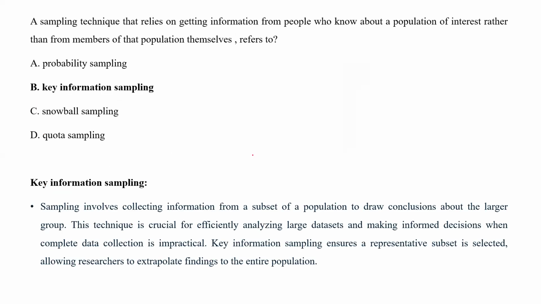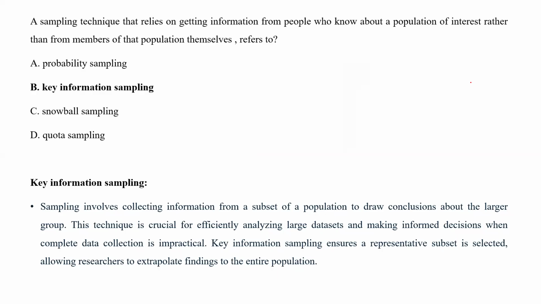The sampling technique that relies on getting information from people who know about the population of interest, rather than from the members of the population themselves, is called key informant sampling. What does key informant mean? Sampling involves collecting information from a subset of the population to draw conclusions about the larger group. This technique is very crucial for effectively analyzing large data sets.